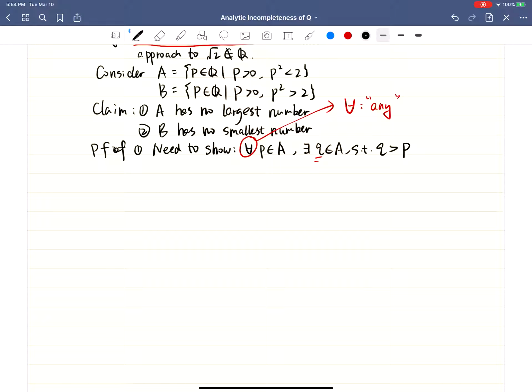Okay, so let's draw a graph of the xy plane. This is the xy plane, and this is a graph of the function y equals x squared minus 2. Okay, so the x-intercept of this equation is the square root of 2, and the point P lies somewhere between 0 and the square root of 2.